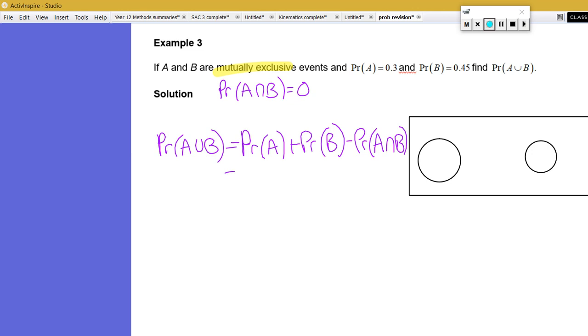And we know that A is equal to 0.3, the probability of B is 0.45, and because the events were mutually exclusive, the probability of the intersection is 0, so we can quickly determine that the probability of A union B is equal to 0.75.